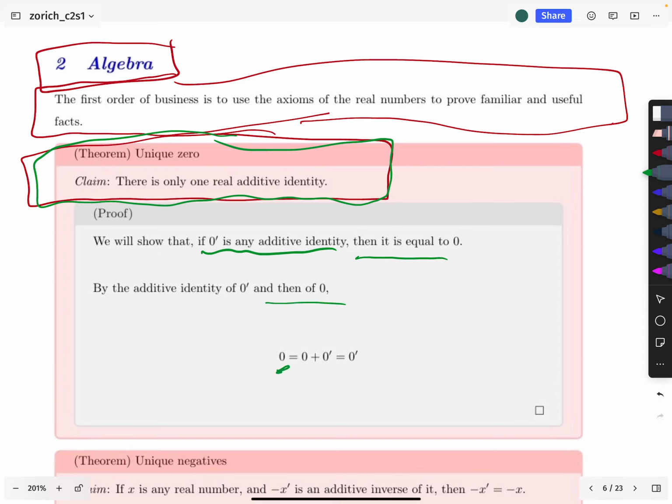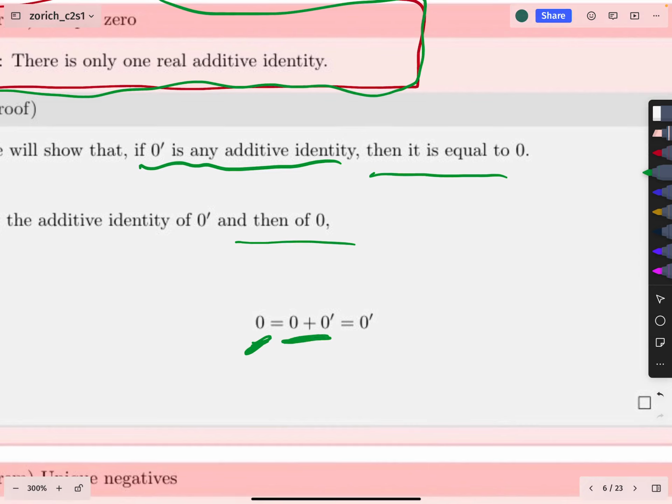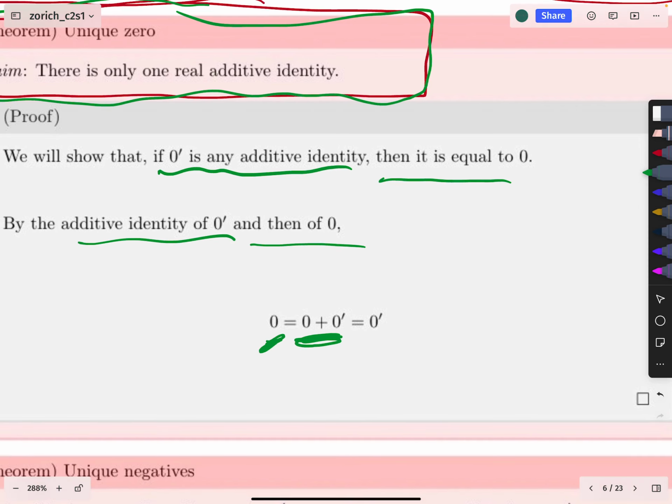In any case, if you start from 0, this is the additive identity property of 0 prime, because if you take my first 0 and add to it 0 prime, because 0 prime is an additive identity, that means that when you add it, it leaves the number alone, right? This is using the additive identity property that we are assuming for 0 prime. So that's that move right there.